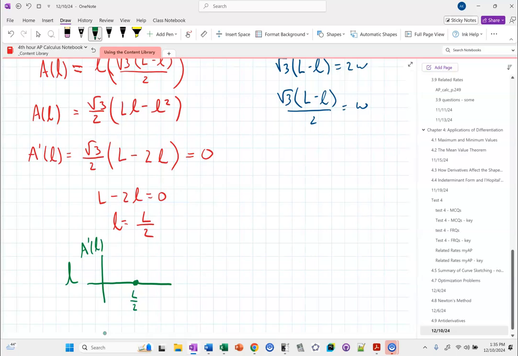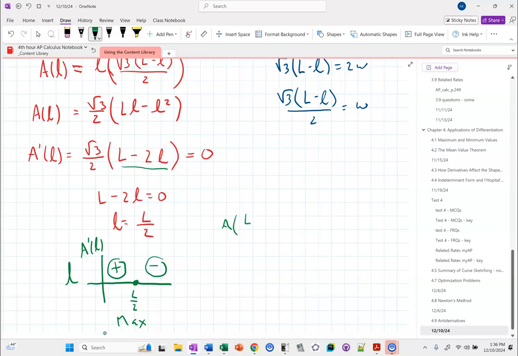If I come from a value that's less than L over 2, L minus 2 times L over 2 should be positive. And if I pick a value bigger than L over 2, 2 times L over 2 should be bigger than L, so that should be negative. So if we go from increasing to decreasing, that's a maximum. So I'm quite confident that that's my max.